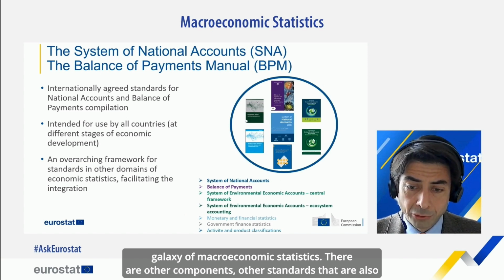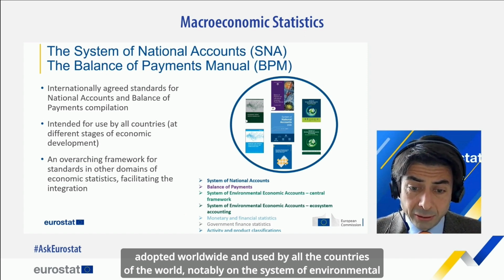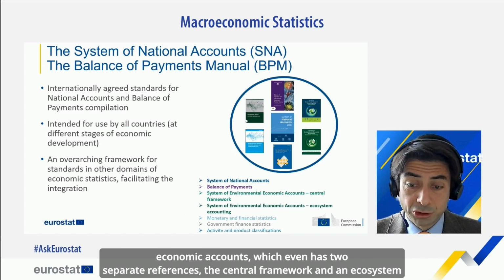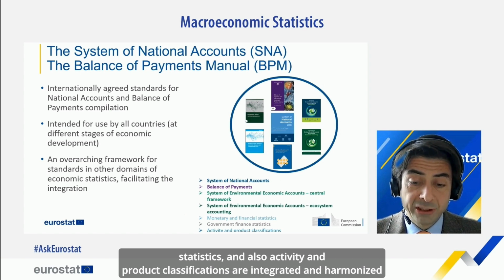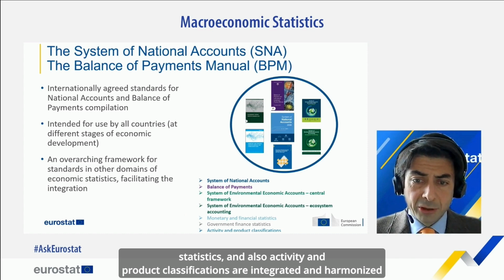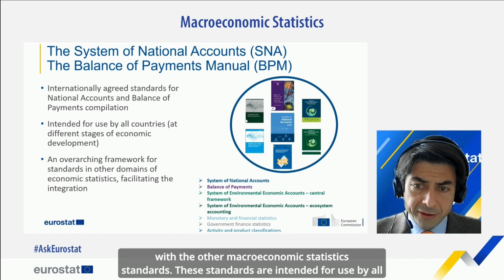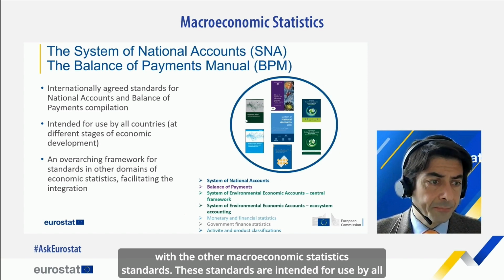There are other components, other standards that are also adopted worldwide and used by all the countries of the world, notably on the system of environmental economic accounts, which even has two separate references, a central framework and an ecosystem accounting framework. And then there are monetary and financial statistics, government finance statistics, and also activity and product classifications are integrated and harmonized with the other macroeconomic statistics standards.